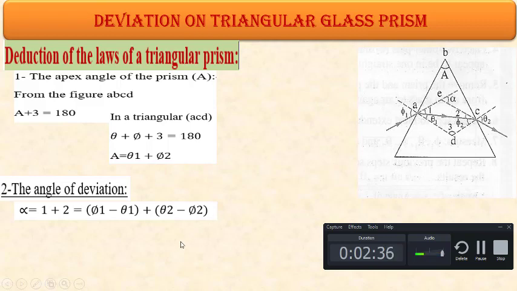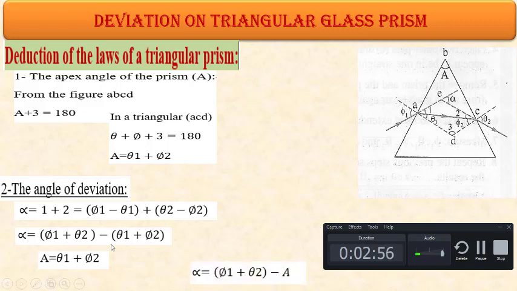By applying it, we put the positive signs together and the negative signs together. So alpha equals phi 1 plus theta 2 minus the bracket of theta 1 plus phi 2. But this is equal to angle A, the apex angle, so I can substitute it by A. Yes, alpha equals phi 1 plus theta 2 minus A.